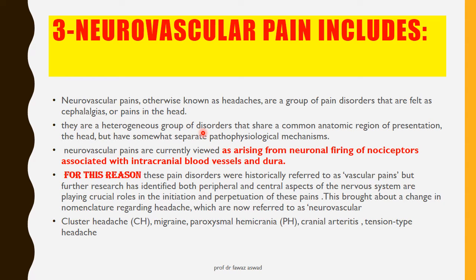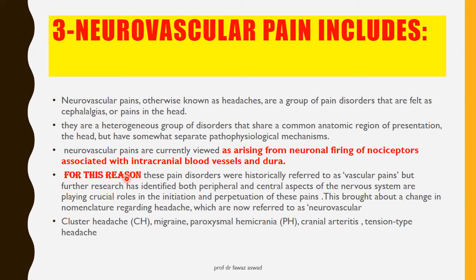For this reason, this is referred to as the vascular types of pain. Further research has identified both peripheral and central aspects of the nervous system as playing a role in the initiating and the perpetuating of the pain.